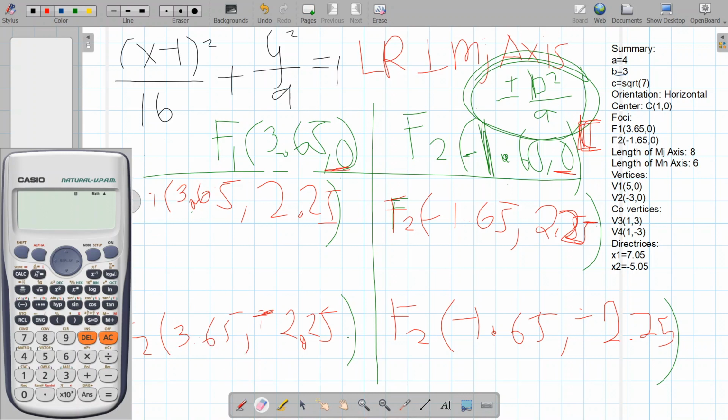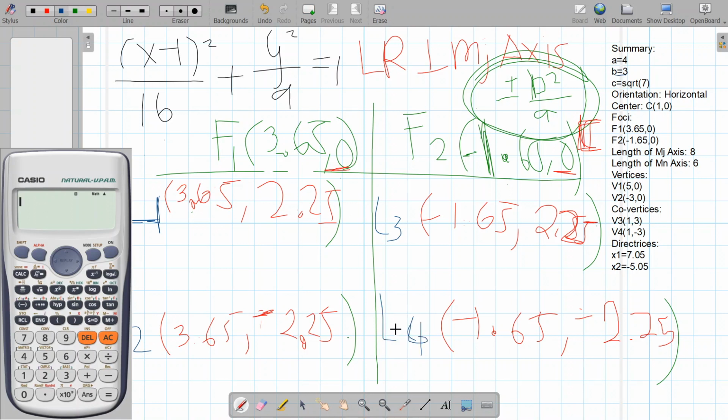Instead of F, we will use L. So we have L1 and L2 for the first latus rectum, and L3 and L4 for the second latus rectum.